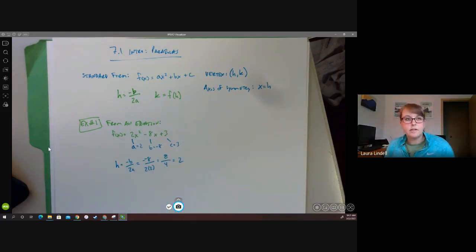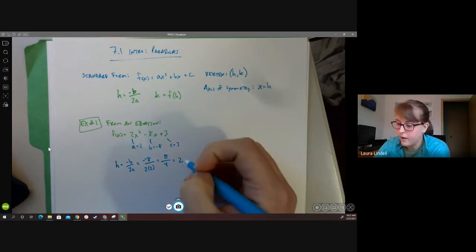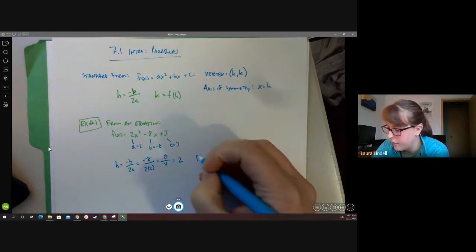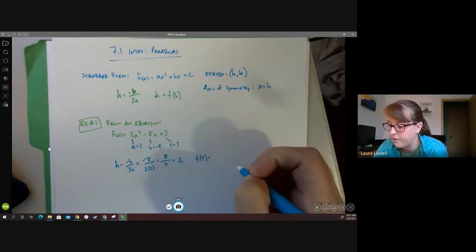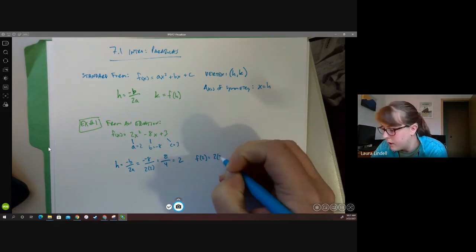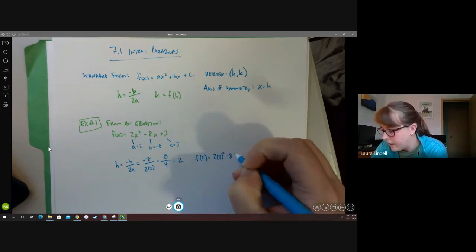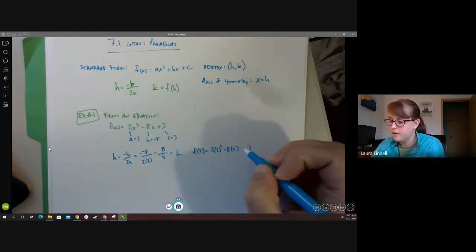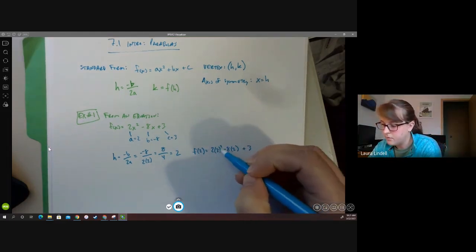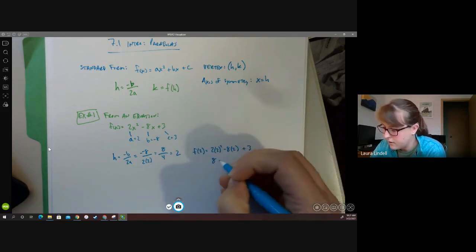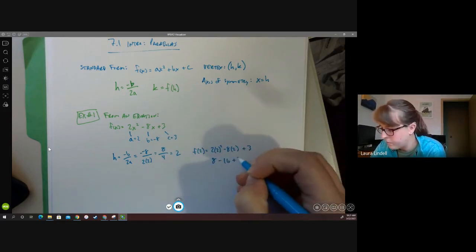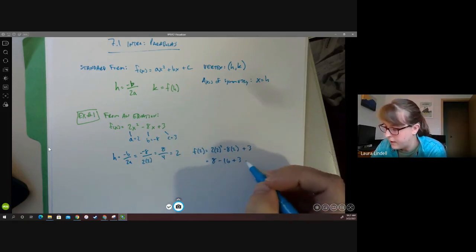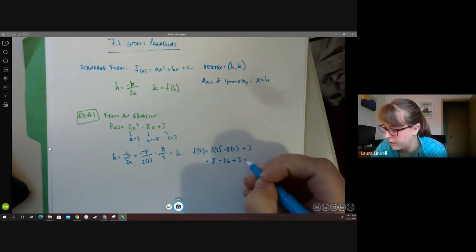So then once we have our h value, we can take that and plug it back in for x up here. So f of 2, because that's f of h, would be 2 times 2 squared minus 8 times 2 plus 3. So 2 times 4, which is 8, minus 16 plus 3. So that would be negative 8, negative 5.